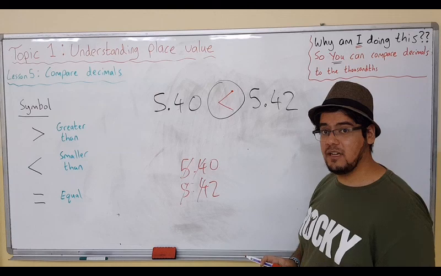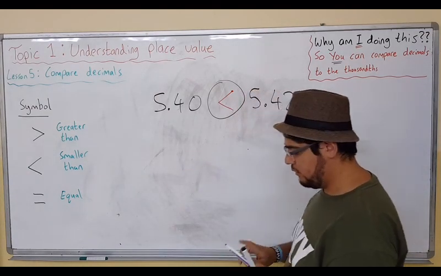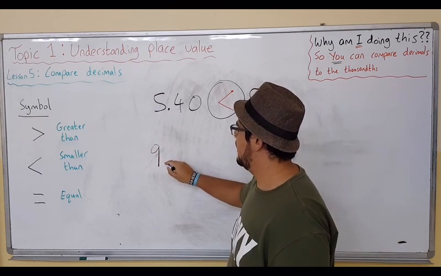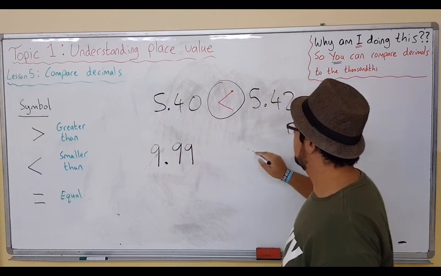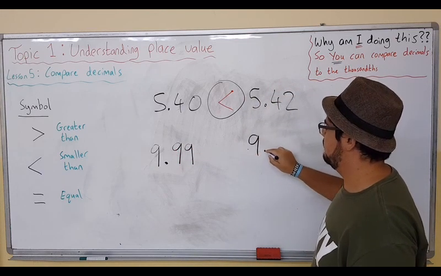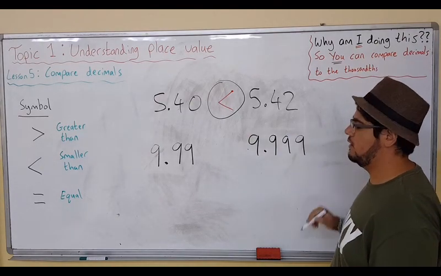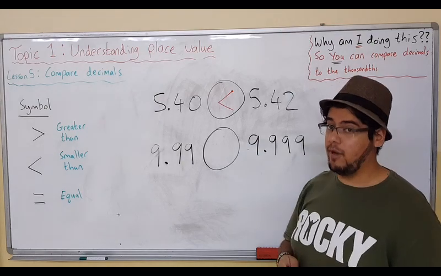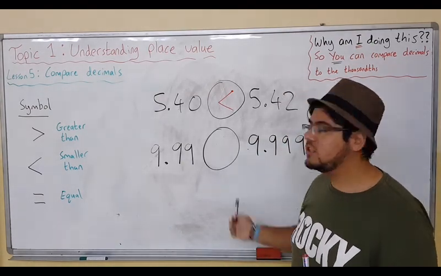And it's as easy as that, okay? Let's take the number 1. Let's say we want to compare 9.99, and this side we're going to have 9.99. Okay? Looks like I'm trying to trick you about now, okay? Trying to show you something here. So, which number is bigger?